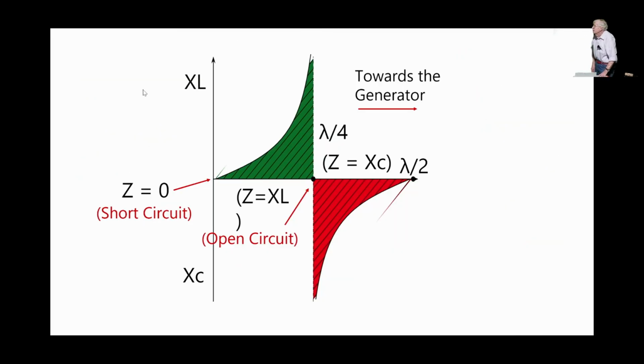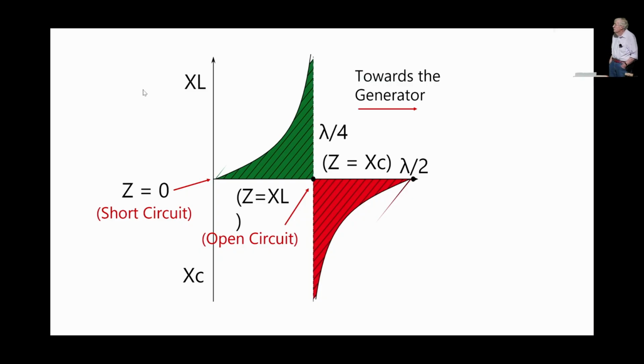So that gives you an idea of how the impedance transforms as you go around the Smith chart. You see there it starts at 0 and then it goes to infinity and then ends back at 0 again at the half wavelength. The middle part there is the quarter wavelength, and we're starting at a short circuit.